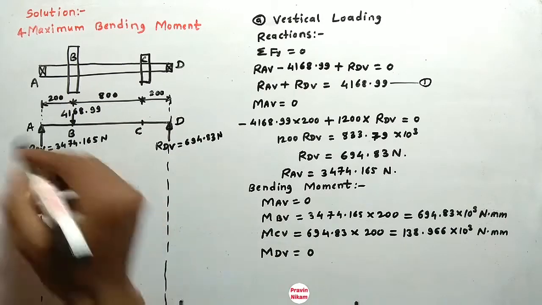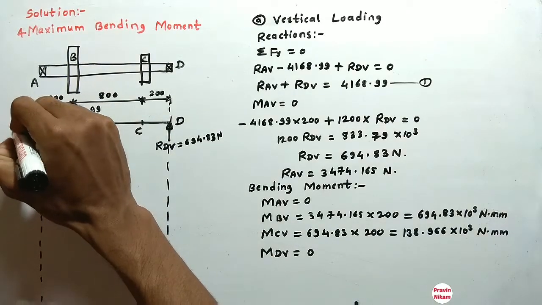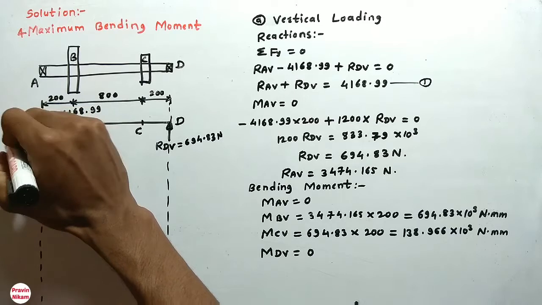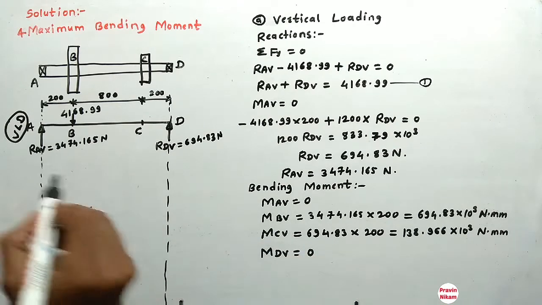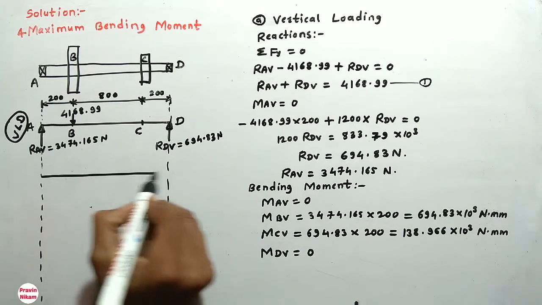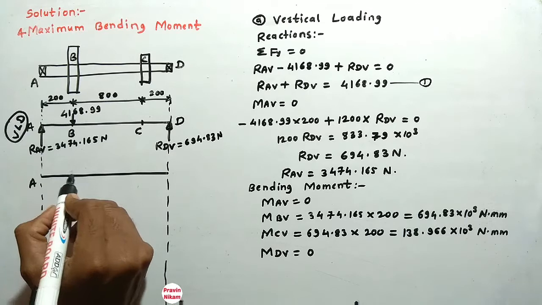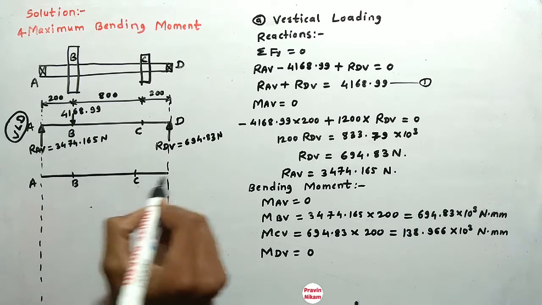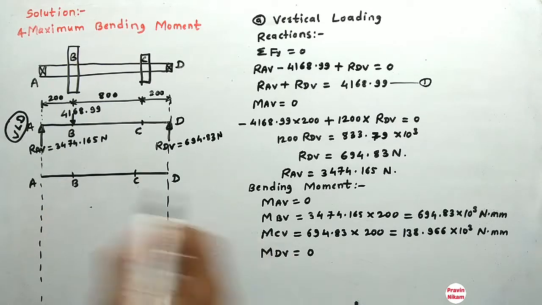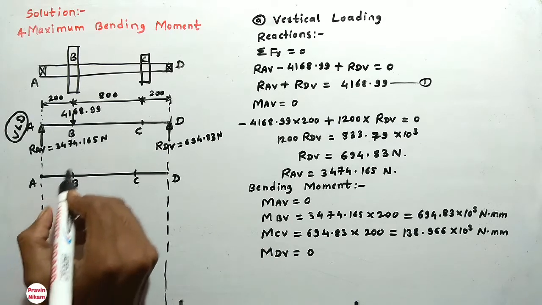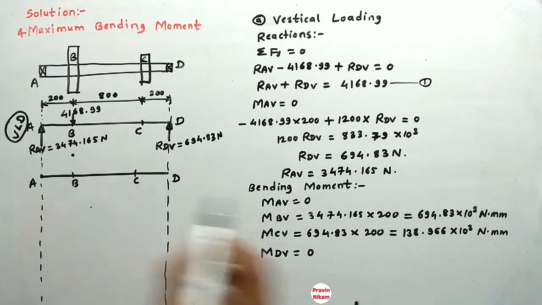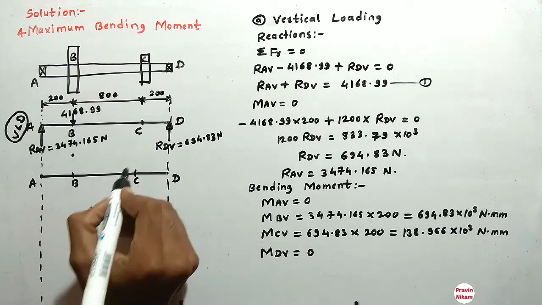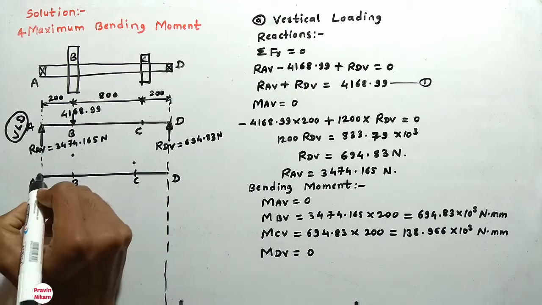So these are the bending moments in vertical loading. This is the vertical loading diagram. Let us draw the vertical bending moment diagram. This is point A, B, C, D. MAV is 0, MBV is 694.83 into 10 raised to 3 and MCV is 138.96 into 10 raised to 3.